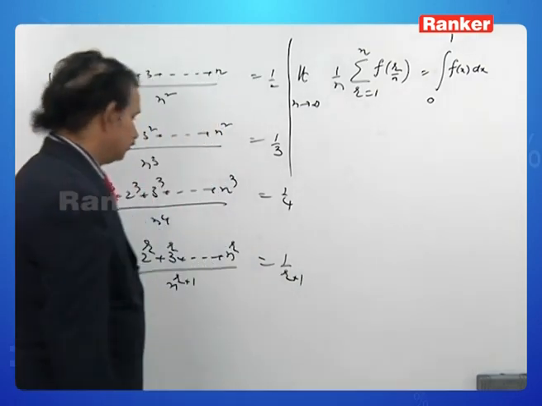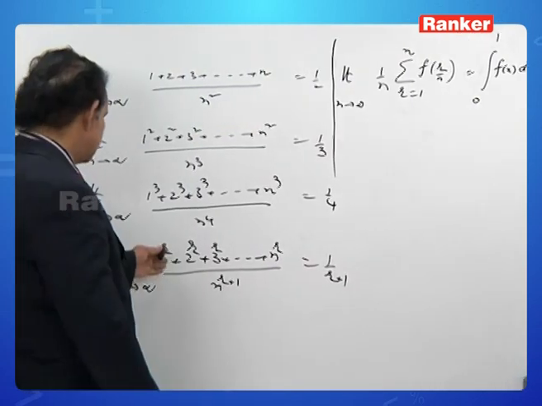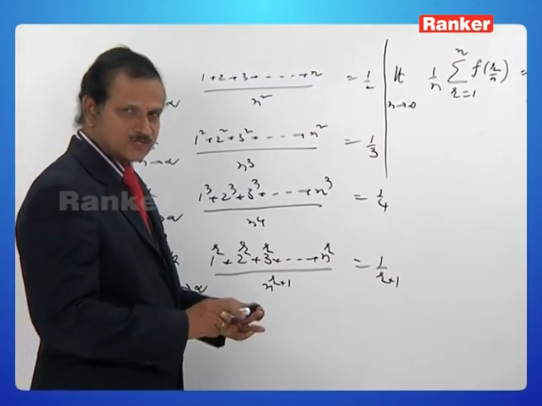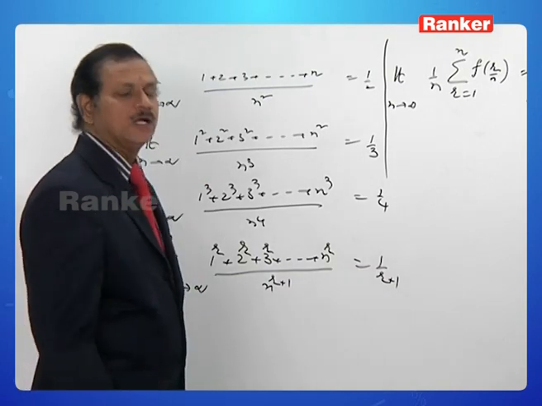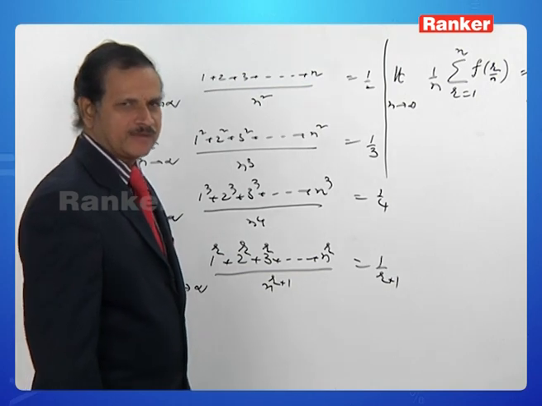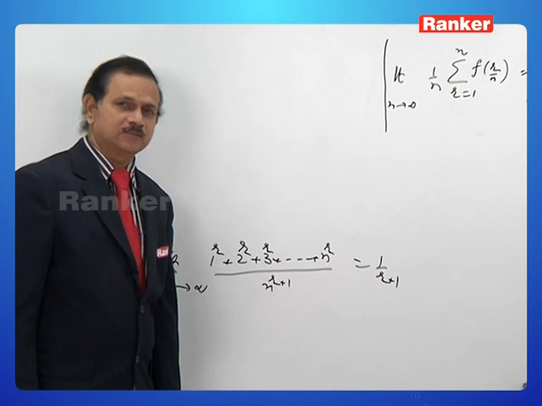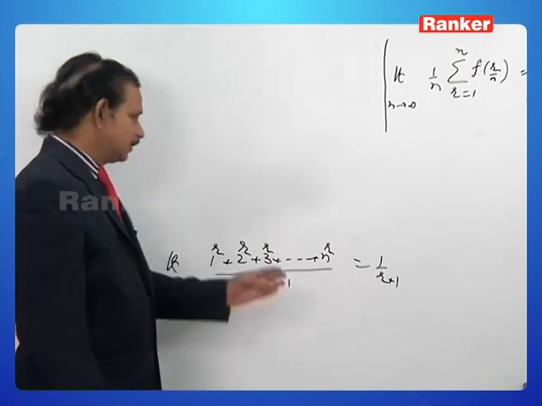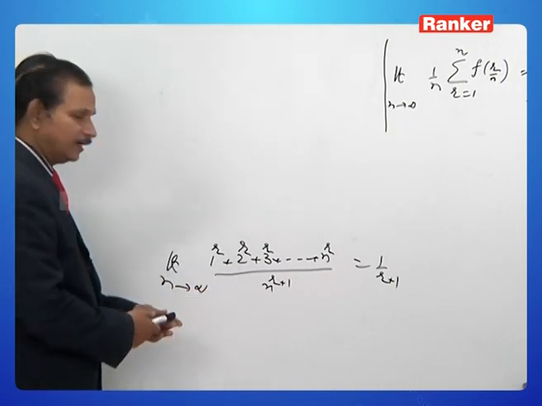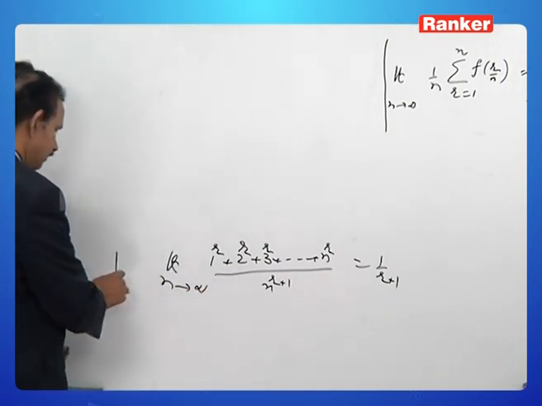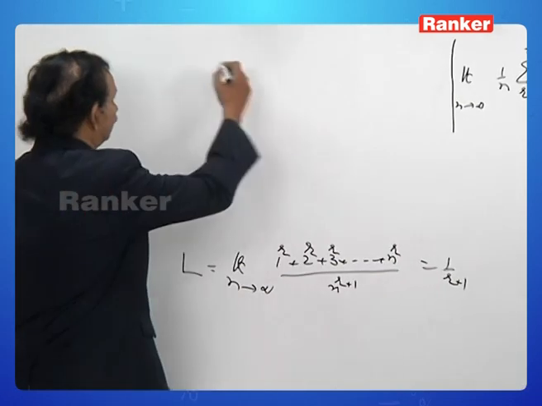Now, how can that be made use of to obtain this limit? Let us try. It's very simple. Within one step, we'll be able to have the answer. At this moment, of special interest is the case to deal with this limit. Now, this limit, I like to call L. What is the fate of L? Let us observe.